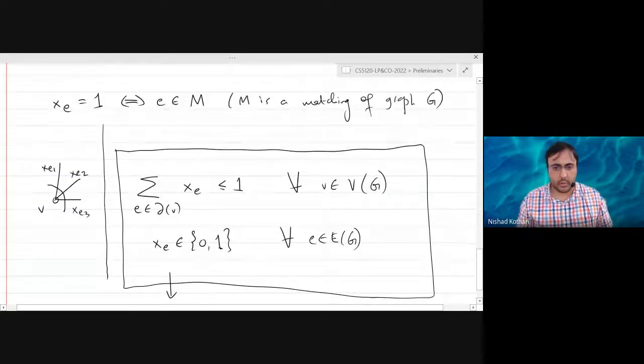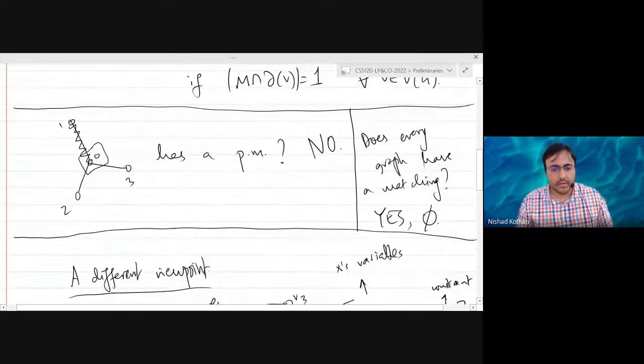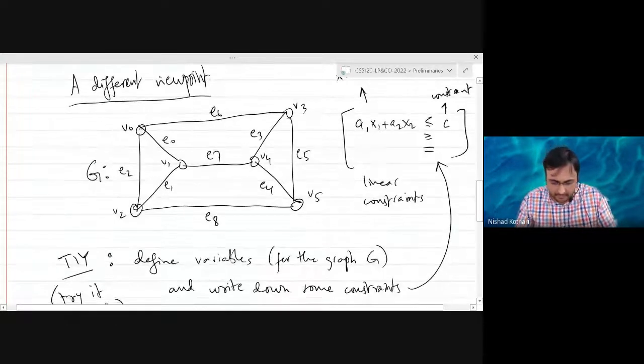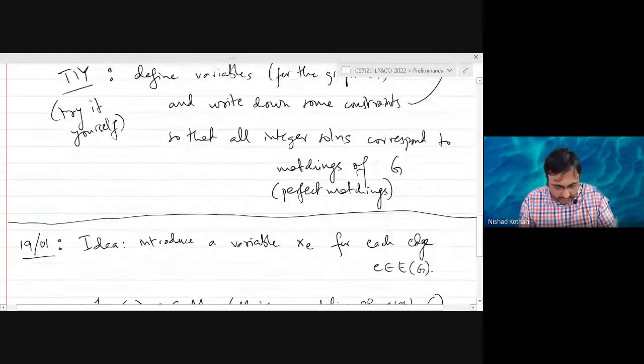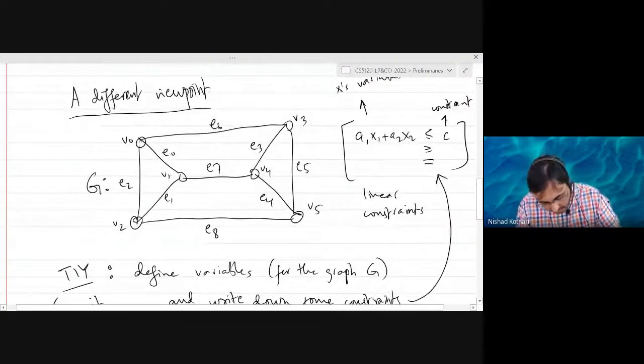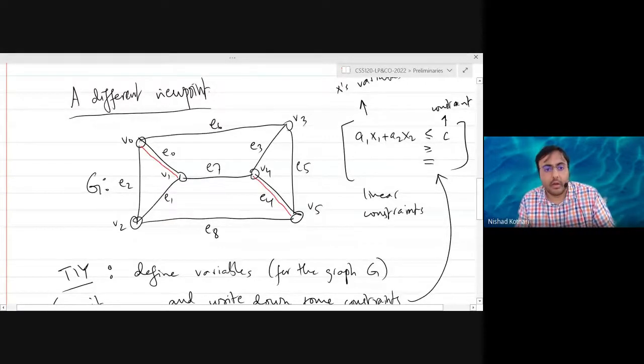Let's take one quick example. So if this is my graph that we were looking at, and let's say we are looking at a particular matching E0, E4. Well, that just corresponds to setting these two variables to 1 and the remaining variables to 0.